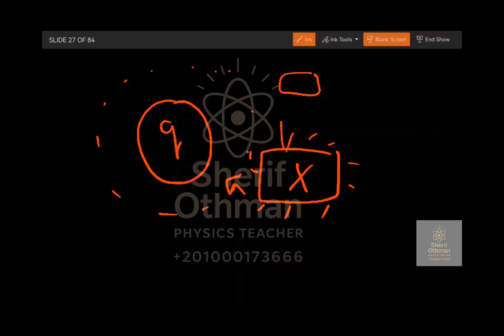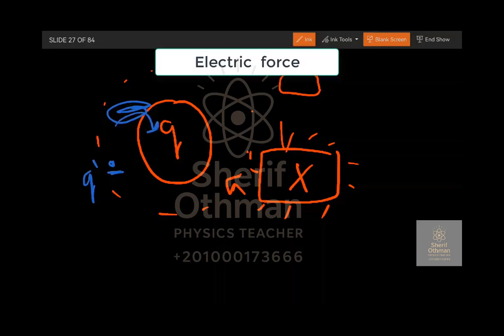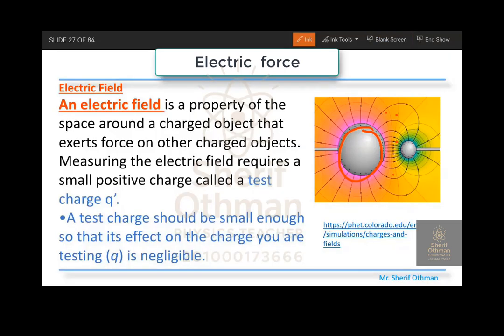So, to measure the electric field of a certain charge, you need something called a test charge, which is a small charge called Q dash. This is a charge with neglected electric field or electric force. So the only force applied here is applied by the main charge Q. So a test charge should be small enough so that its effect on the charge you are testing, Q, is negligible.